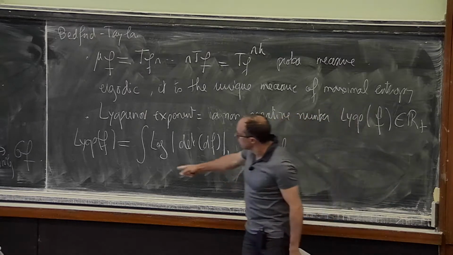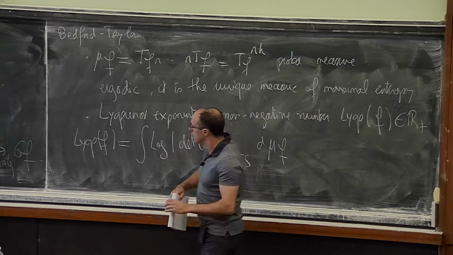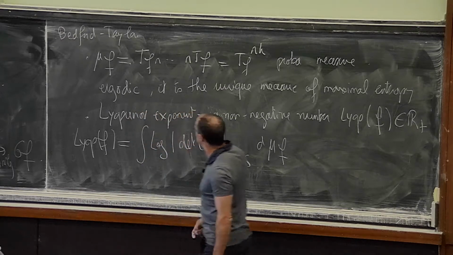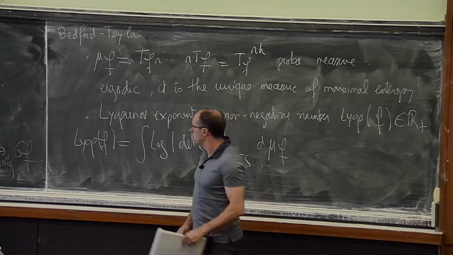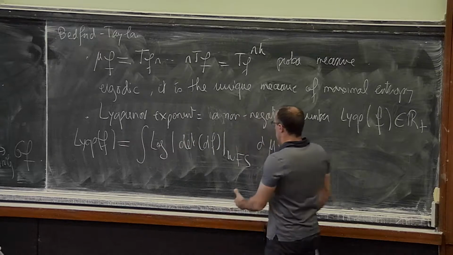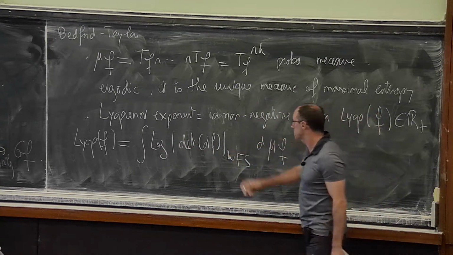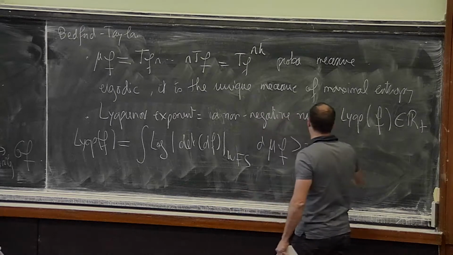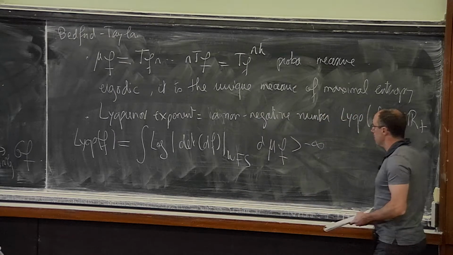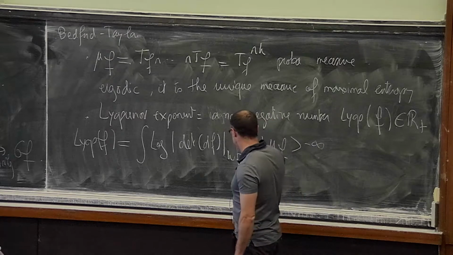But since mu of f is locally the Monge-Ampère of a continuous function, it integrates any logarithm of modulus of a holomorphic function. So this number is well defined. It's finite.